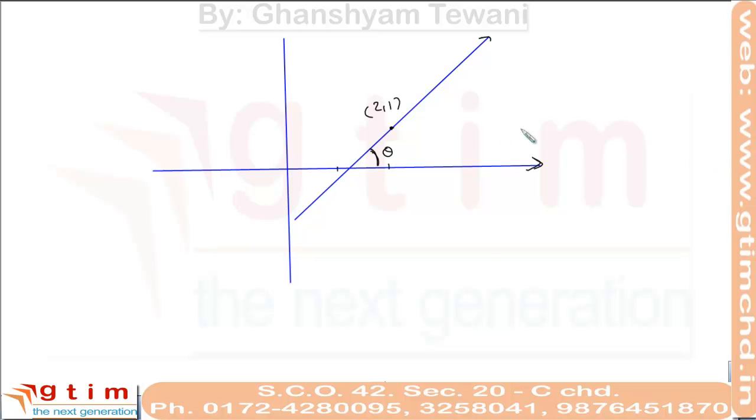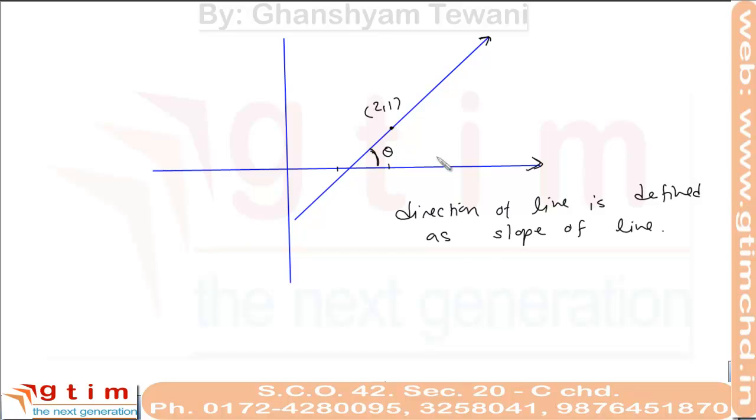Now in coordinate geometry, the direction of a line is defined as the slope of the line. Now, what is the definition of slope?